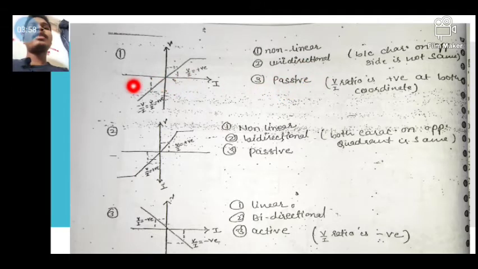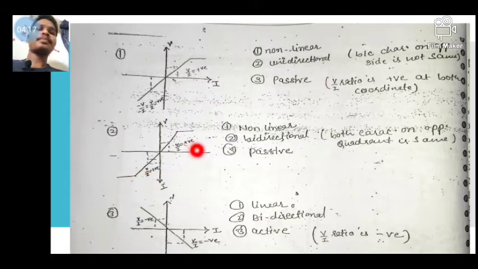Why is it passive? Because the voltage and current ratio is always positive. Here positive, so voltage divided by current is positive, and here negative, so both negatives cancel, so resistance is positive, so it is passive in nature.